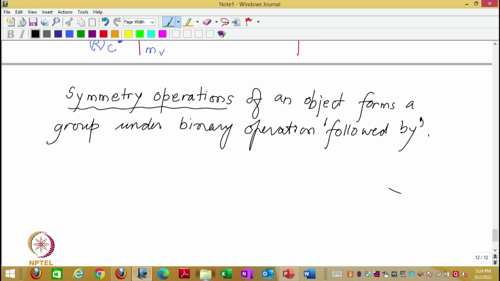And we have seen that one concrete example we have seen. We just finished the lecture with what is called a group multiplication table.